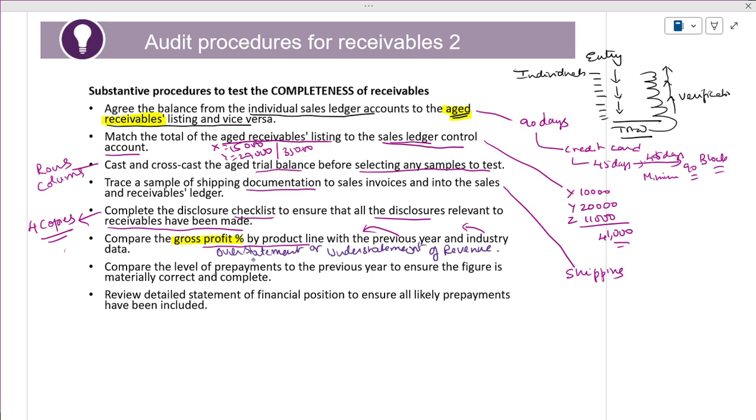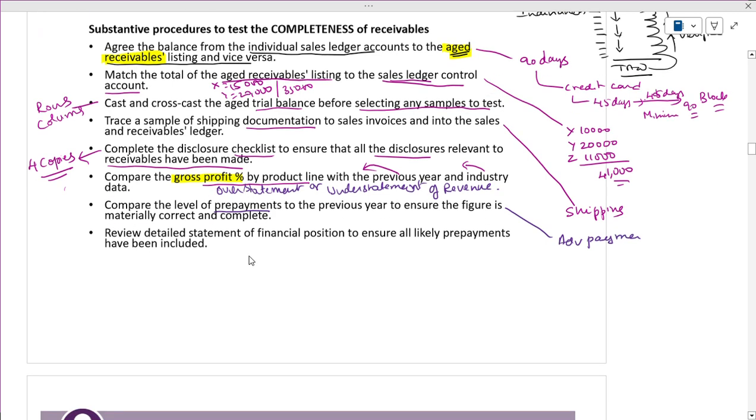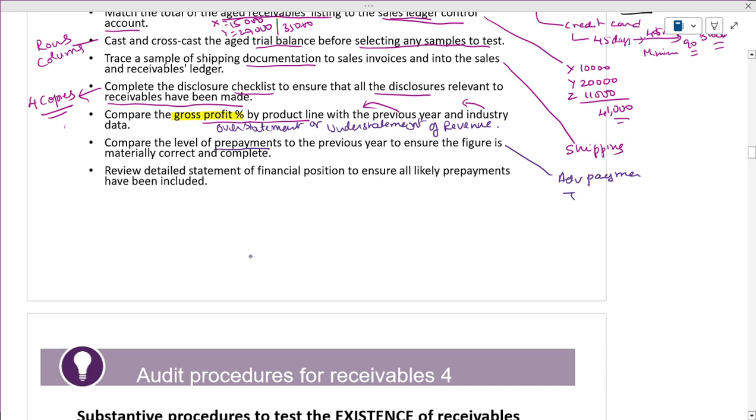Compare the level of prepayments. Everywhere there will be advance payments. If you have an understanding about advance payments, automatically what is the general entry you will write?